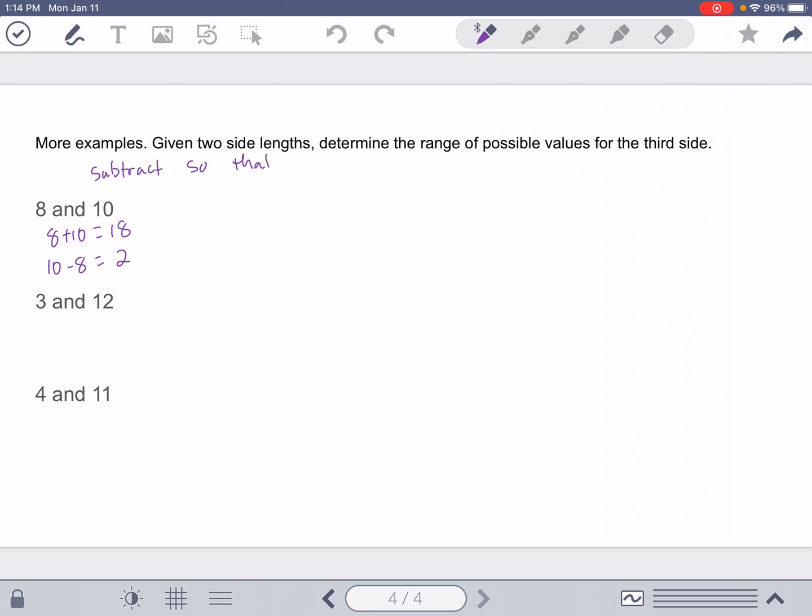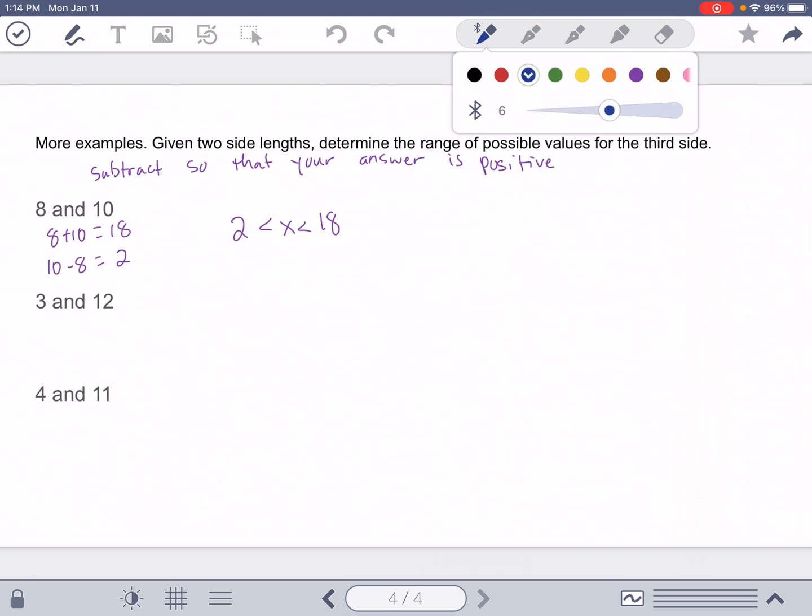Subtract so that your answer is positive. So my third side would be between 2 and 18. Any number that I pick between 2 and 18 will make a triangle for that problem.